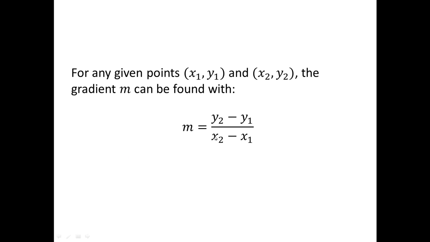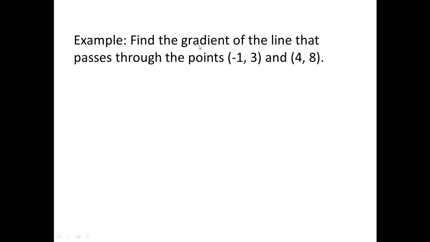The first thing we have to do, you'll notice that these 2 points that were given are not labeled with x1, y1 and x2, y2. So if I say that's the first point, then I can label that x1, y1 being (-1, 3). So x1 is -1, y1 is 3. I'll say that's the second point, so that will be x2, y2.